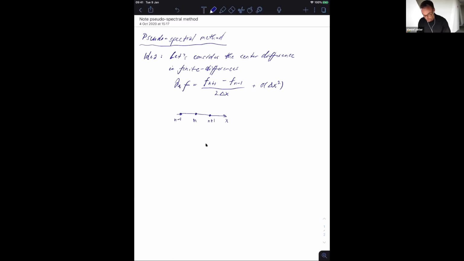That gives us the partial derivative at position n. And in this case, when we use this center difference scheme, it's second order accurate.